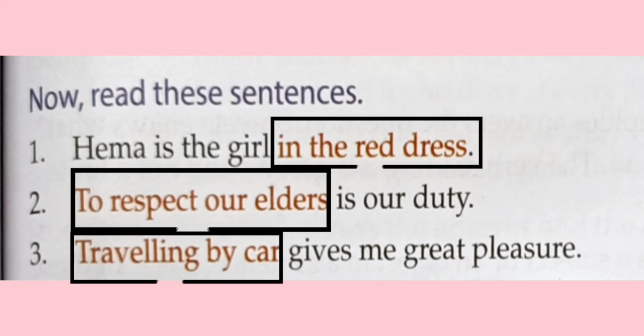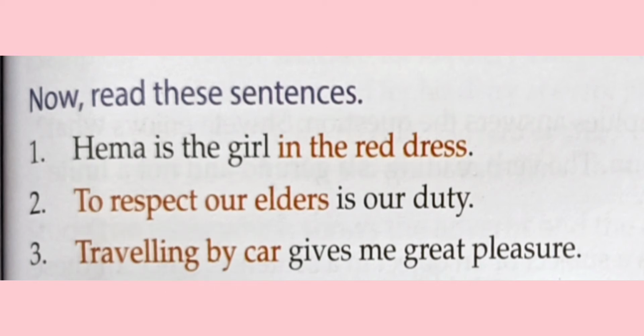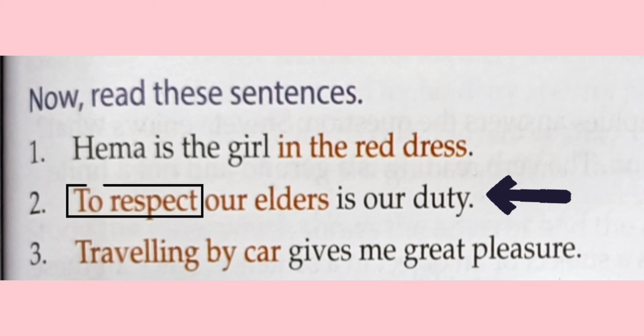A phrase does not contain a finite verb. However, it may contain a non finite verb that can be an infinitive, a participle, or a gerund. In the second sentence that we read, to respect our elders is our duty. To respect our elders contains an infinitive, that is, to respect.